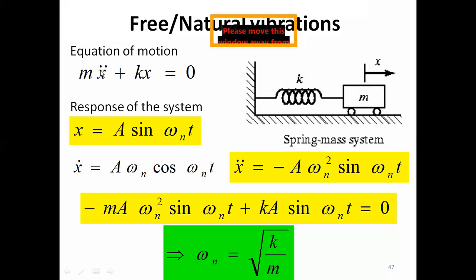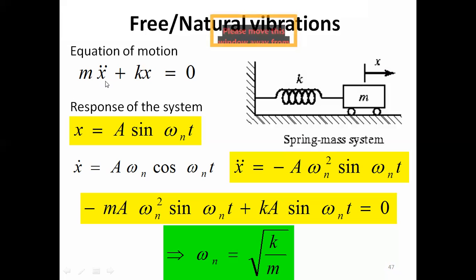x is displacement. If we differentiate this with respect to time, we would get the velocity at which this mass is vibrating. If we take another derivative with respect to time, it would be x double dot, and that x double dot would be the acceleration of this mass during the vibration.